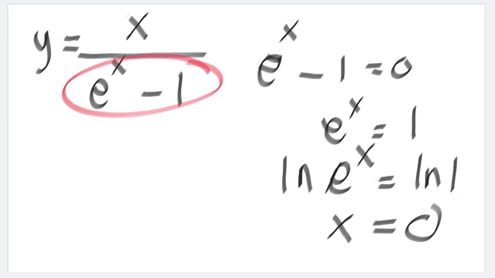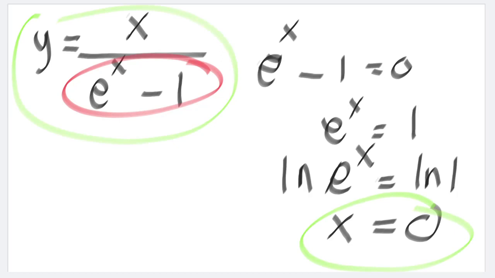Now, x is equal to 0 is a candidate for a vertical asymptote. But we must check first whether the limit of this function as x approaches 0 is equal to infinity. If it is, then x is equal to 0 is a vertical asymptote. Otherwise, if it is not infinity, then x is equal to 0 is not a vertical asymptote, and the function does not have any vertical asymptote.